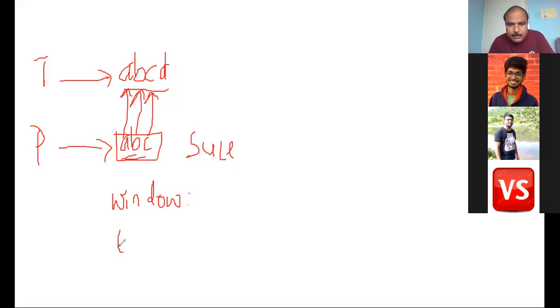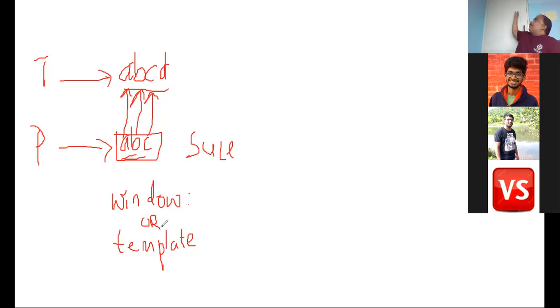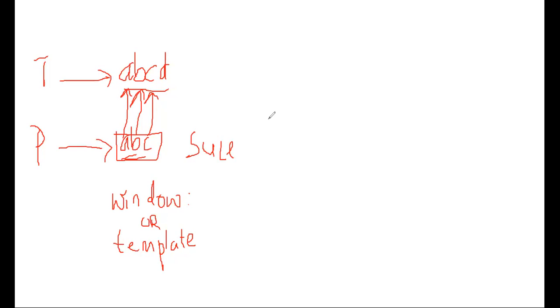Another name used is a template. So we can use either a window or a template. A window is a group of characters, and a template is also a group of characters. These two words are used frequently in string matching algorithms.